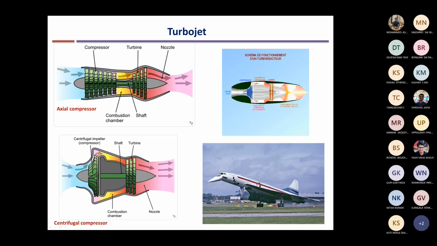So for industrial turbine, we have a large number of turbine stages. Some of the power is used for running the compressor. The rest of the power is used for running the generator to generate power, or directly the shaft power is used for other purposes. But in case of jet engines, the turbine stages generate just a sufficient amount of power for running the compressor.